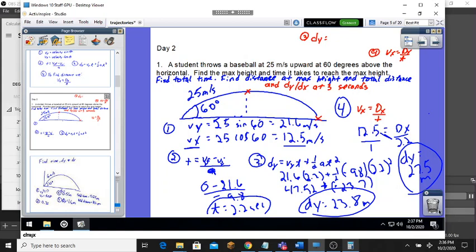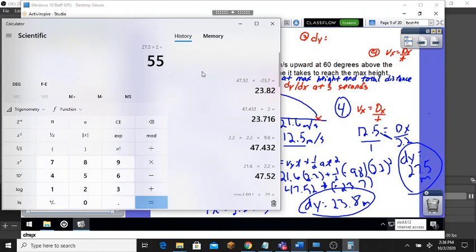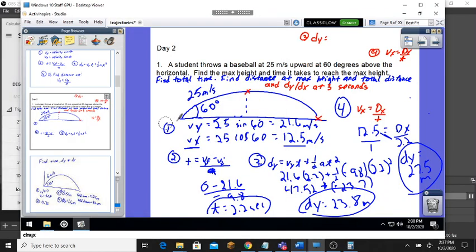Now, if we wanted to find, so it took half the distance to get there, right? So that's 27.5. So what would be the full distance? Well, if we know that this is 27.5, if we were to just multiply that by 2, we would get the total distance, right? So from here to here, halfway is 27.5.